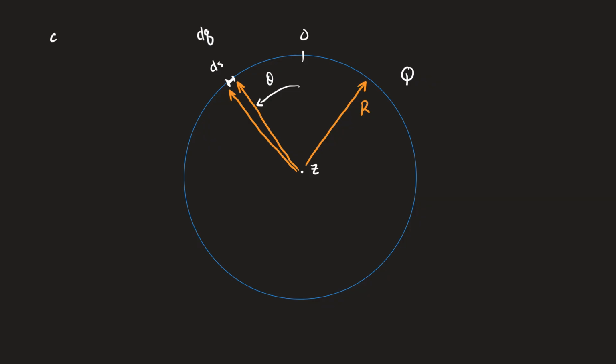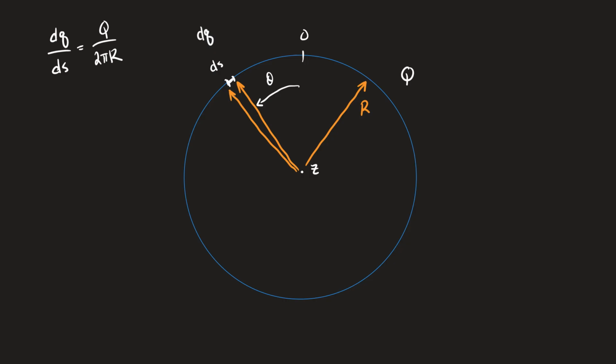Because I want to also remind you that dq is to ds as q is to 2 pi r. Right? If it's a uniform charge density, then the total charge is to the total length as the piece of charge is to the piece of length. That all okay?